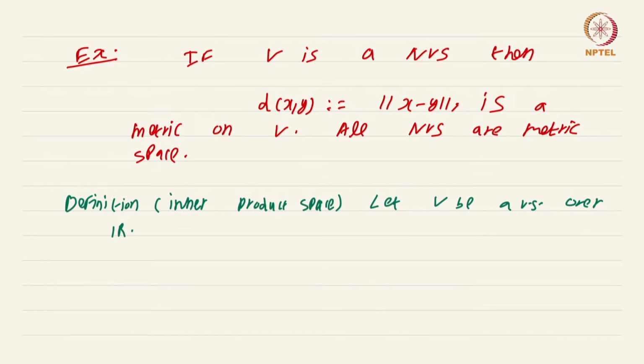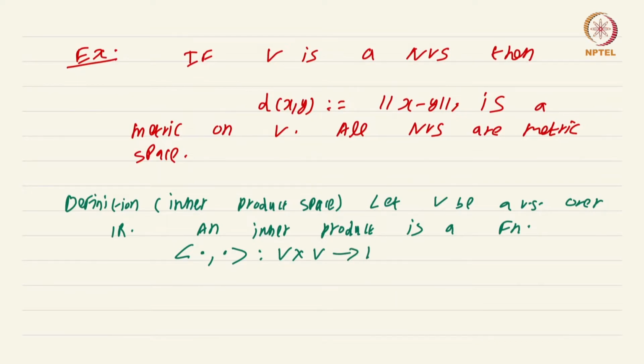An inner product is a function which has two slots. It eats up a vector cross a vector, that is a pair of vectors, and it outputs a real number for you, such that of course certain natural properties have to be satisfied.